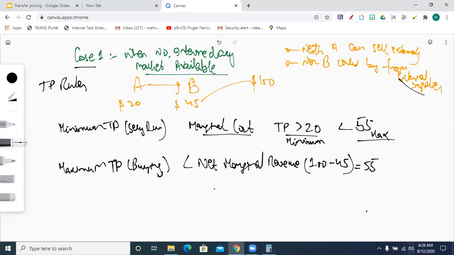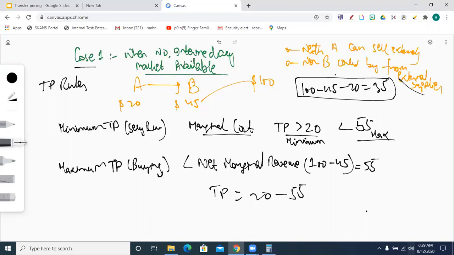So the ideal transfer price would be somewhere between 20 and 55, because in this way they're sharing the benefit. If it's 20, A is at a disadvantage and B takes the whole benefit. If it's 55, then B gets nothing and A takes the whole benefit. Group profit is going to be the same: 100 minus 45 minus 20, it will always be 35.